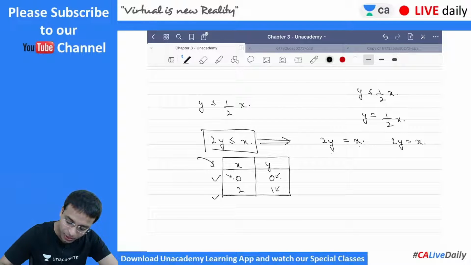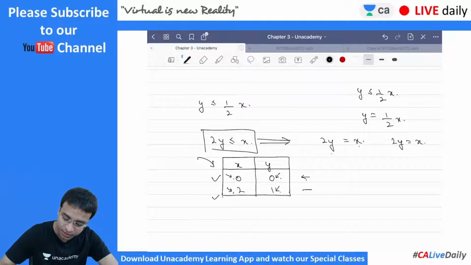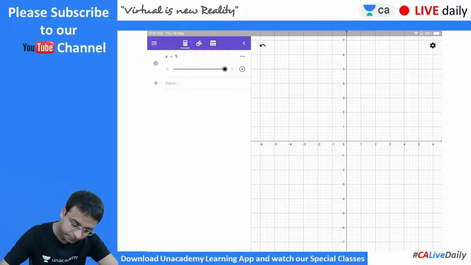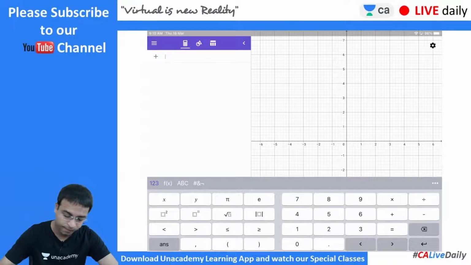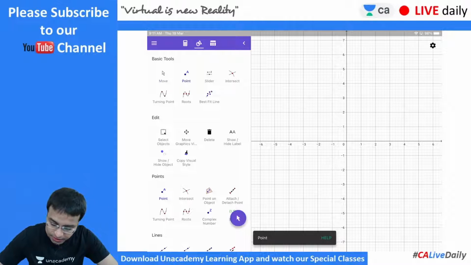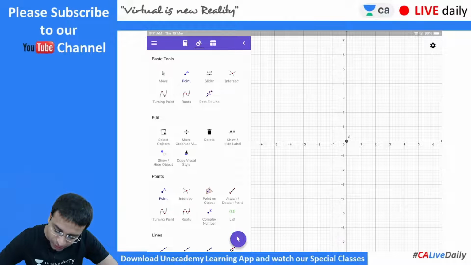When we put y as 1, x will be 2. So now we have 2 points. One point is 0, 0 and another point is 2, 1. That is, x is 2, y is 1.